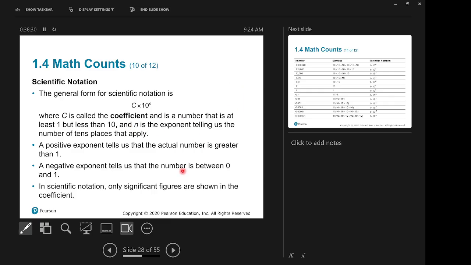Okay? Scientific notation, only significant figures are going to be shown in the coefficient. And so once you have to start using significant figures, you're going to find that this is the preferred way to do it because your life just becomes so much easier, right? Yeah. And you always kind of know the number of significant figures in a scientific notation because this is always 1 up to 9 something.